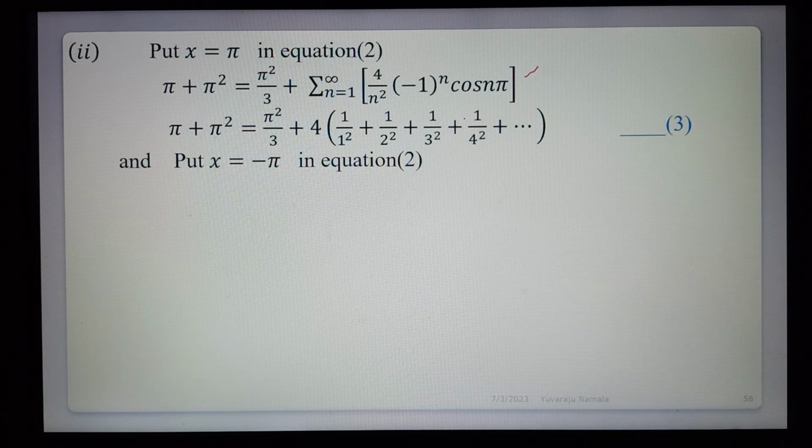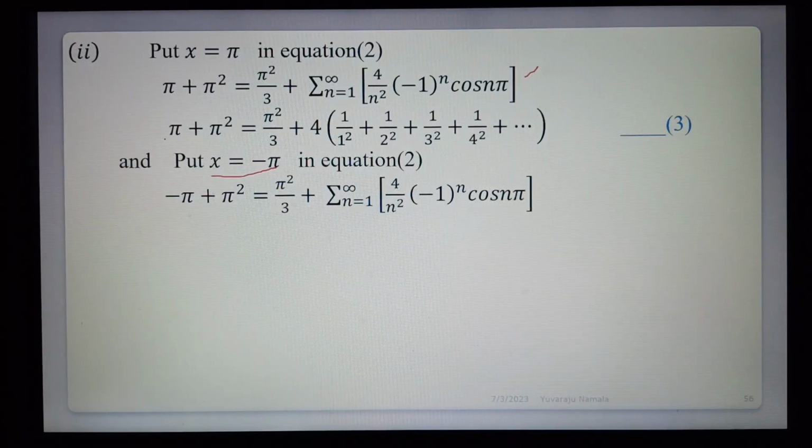Again substituting, put x equal to minus pi in equation 2. First we substituted x equal to pi, now the second time x equal to minus pi in equation 2. That is equal to minus pi plus pi squared, since x is minus pi, minus pi whole squared, is equal to pi squared by 3 plus summation n equal to 1 to infinity 4 by n squared minus 1 power n cos of minus n pi, that is cos n pi, and sin n pi is 0 automatically, the second term is 0.